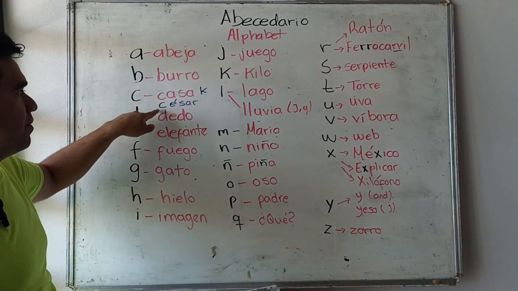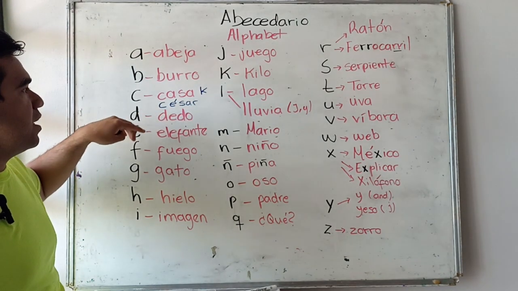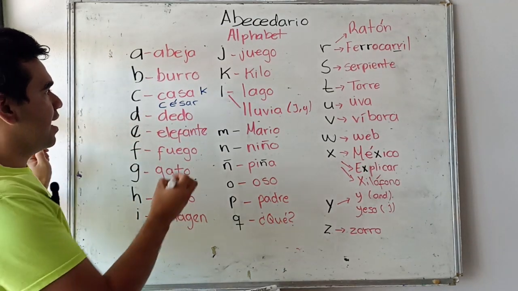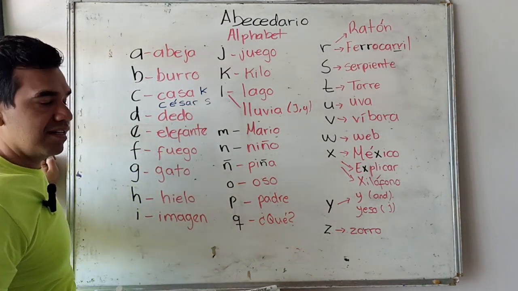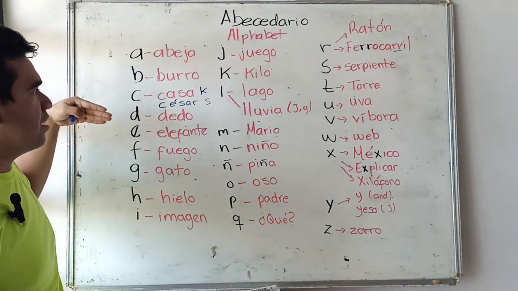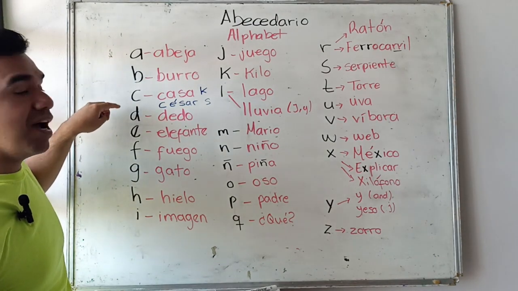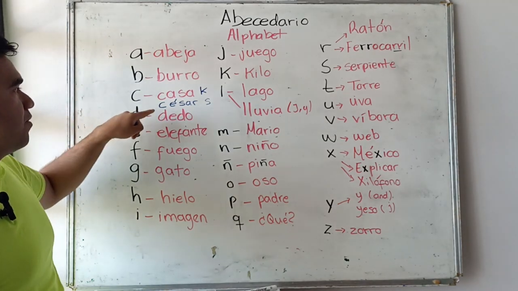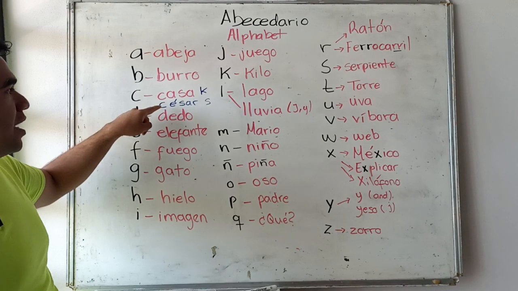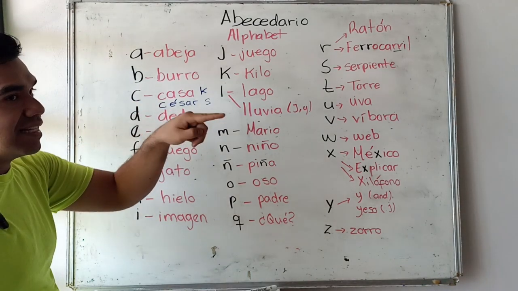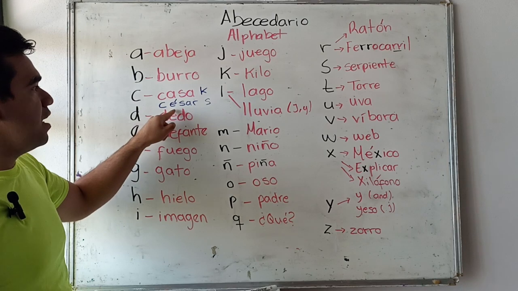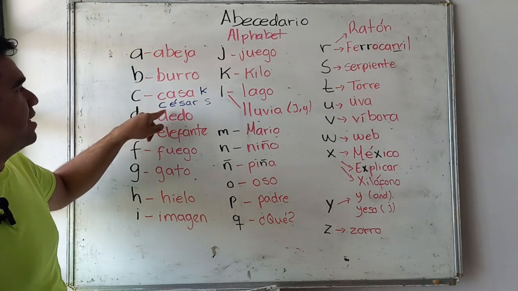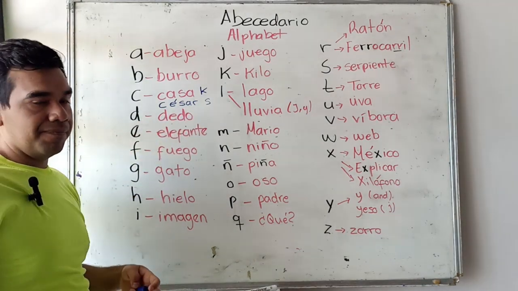You see we're using the same letter C, but here it is no "Cesar", it is César, like an S. So depending on the vowel, the sound of the letter C is going to change, okay? With the letter A, it's going to be casa, and with the letter E, it's going to be César, like an S.